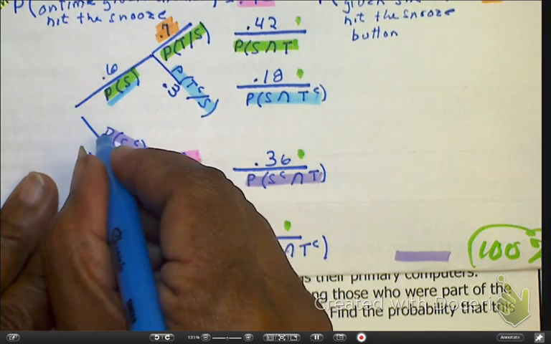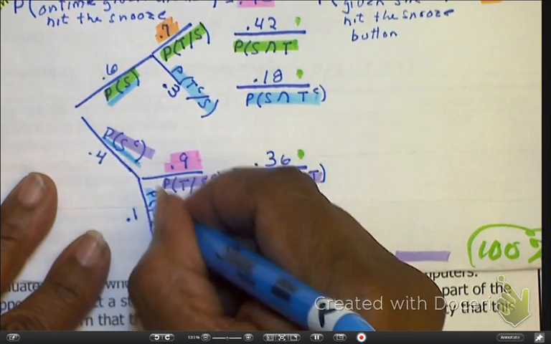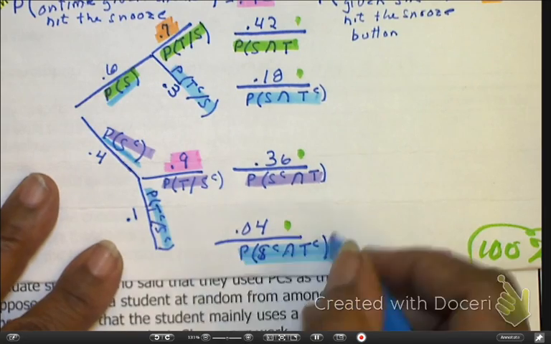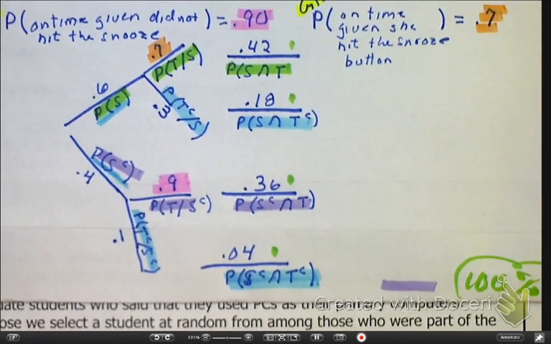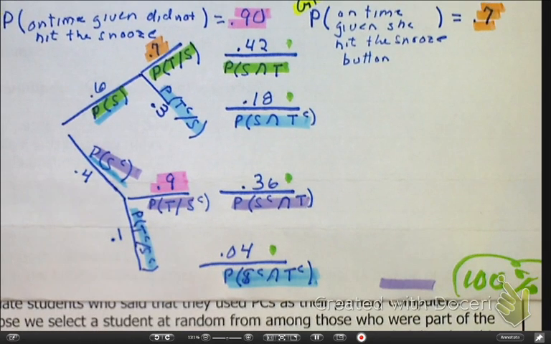And let's try it this way. This times this gives you that. Now, I'm sure you're going to have to do some rewinding on that, or pausing to contemplate what I just said. But now let's answer the question.